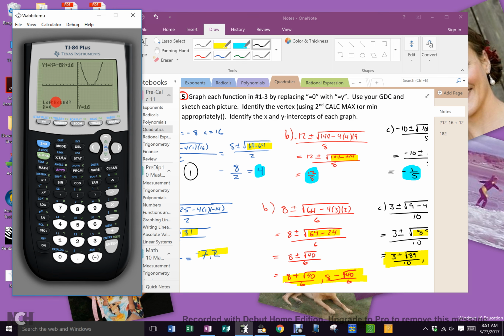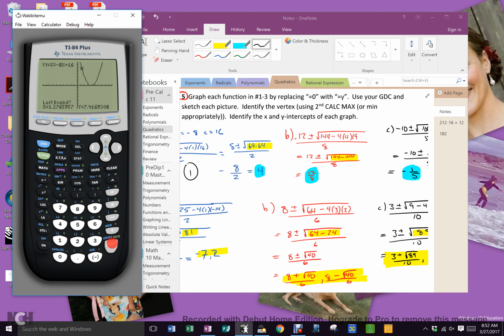Now, we know how to do this left and right boundary thing. I got to go to the left of the vertex. So I move my little target, which isn't on the screen yet. I got to get my target onto the screen. Here it comes. There it is. Is my flashing target to the left of my vertex?